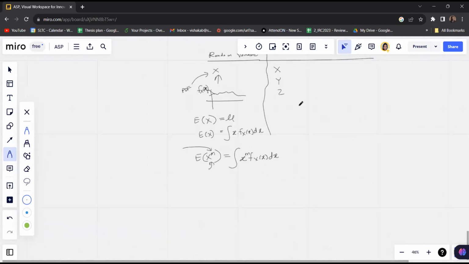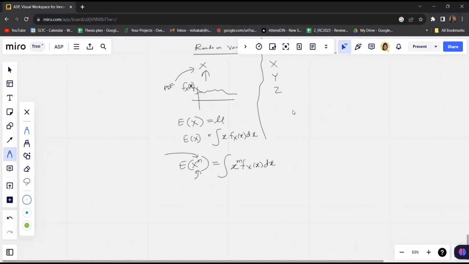We also discussed the variance, which we denote as the expectation of (x minus mu) squared. Variance gives us the gap between a certain x value and its mean value.